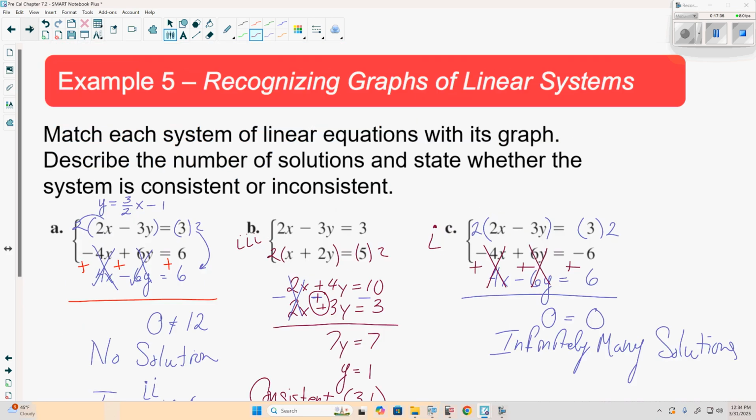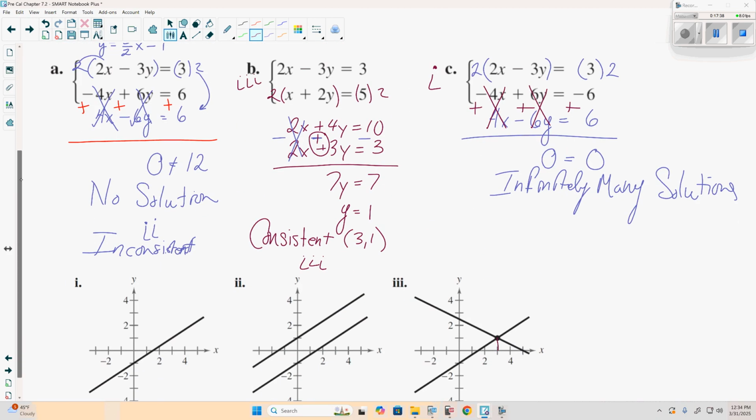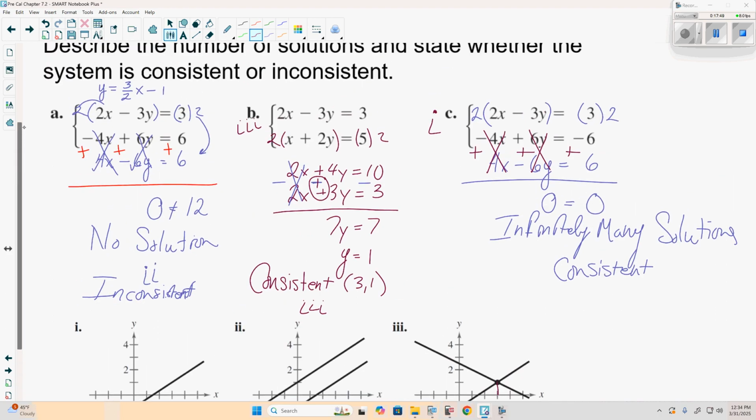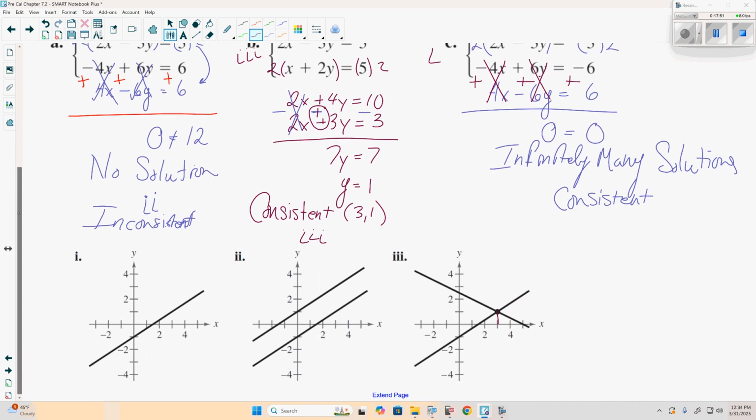And since we do have infinitely many solutions, it is consistent. And that's why the two lines are parallel.